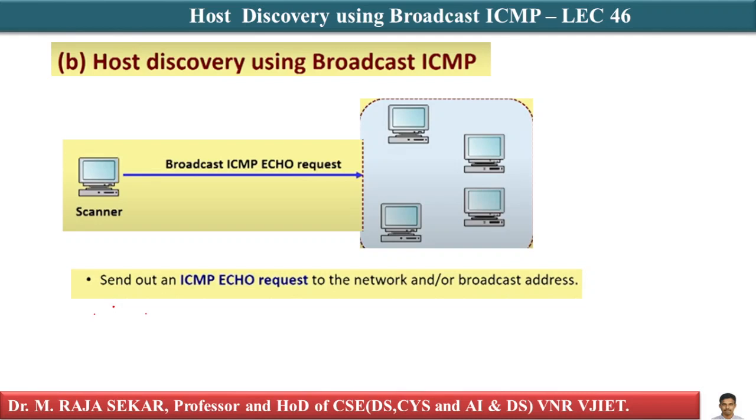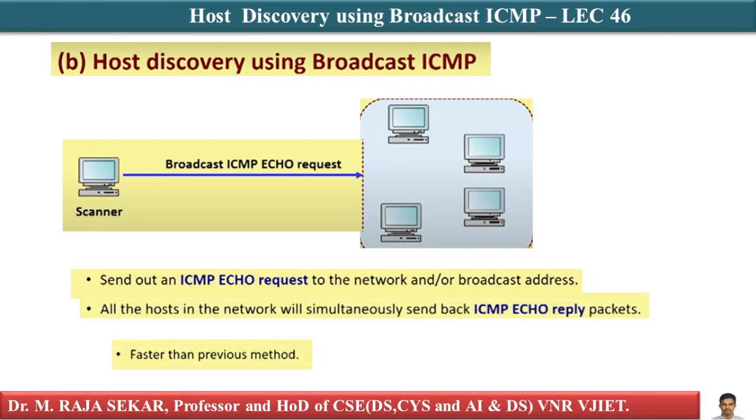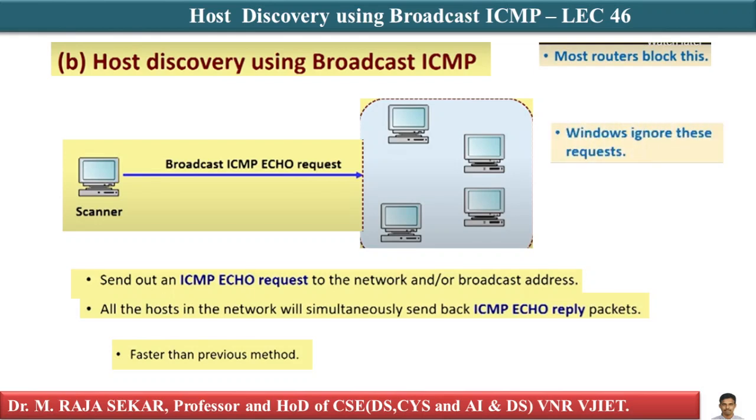But the point is that most of the routers do not allow broadcast packets in the destination address. They will block this. Windows typically blocks or ignores this kind of request. So this has limited utility, but for an environment where you can do it, you can mount it.